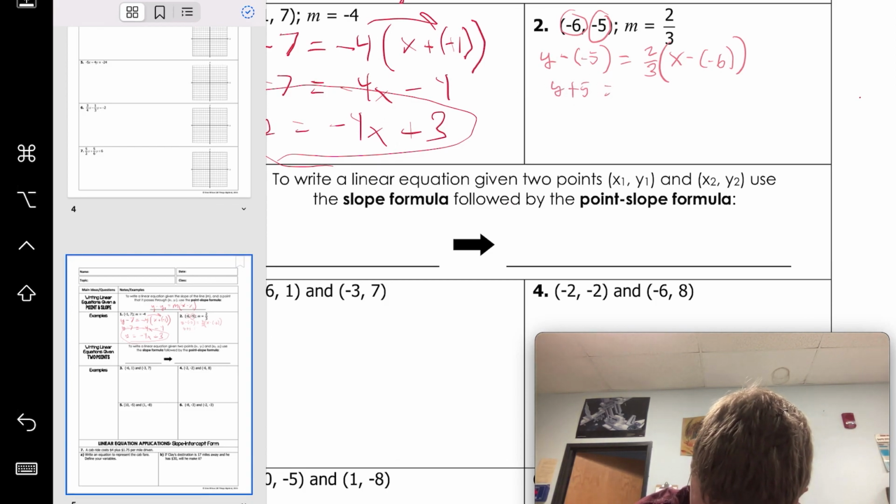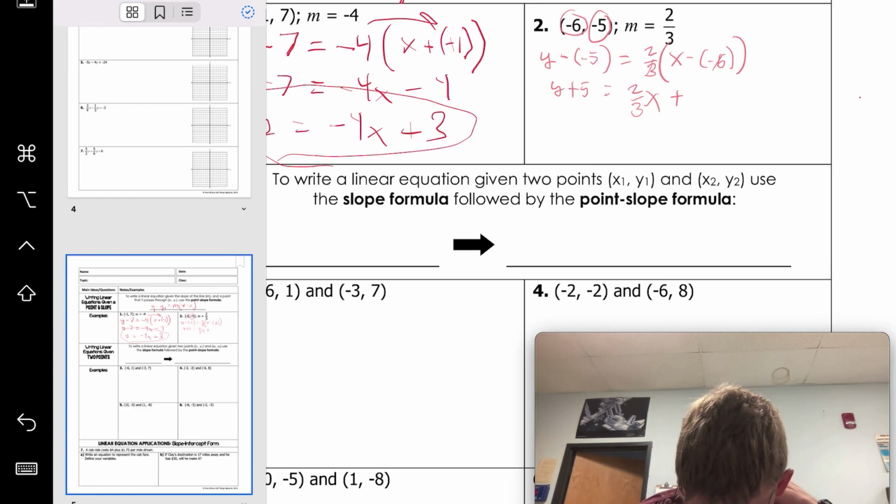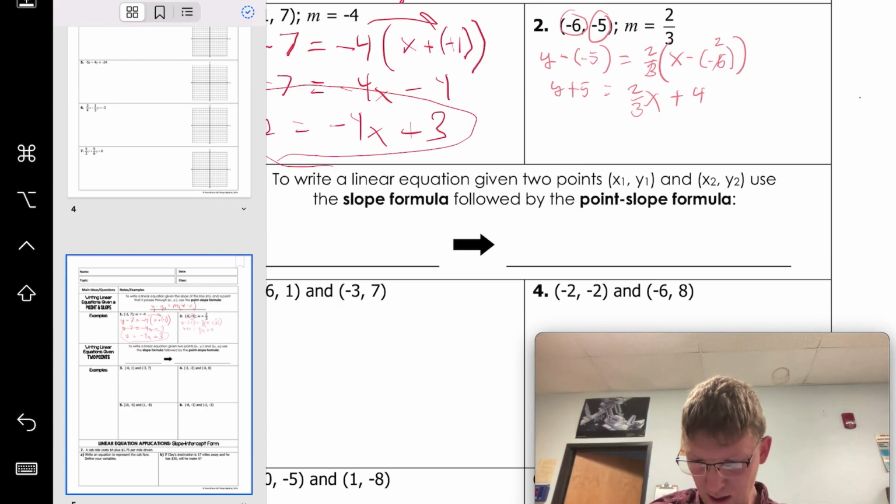And we'll just go ahead and distribute the 2/3. 2/3 x plus 2/3 times 6. So 6 divided by 3 is 2, so we'll have a 2 left over. 2 times 2 is 4.